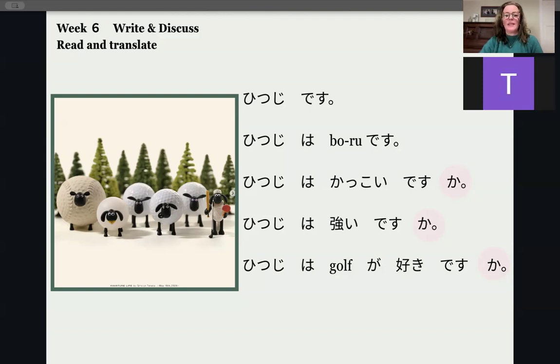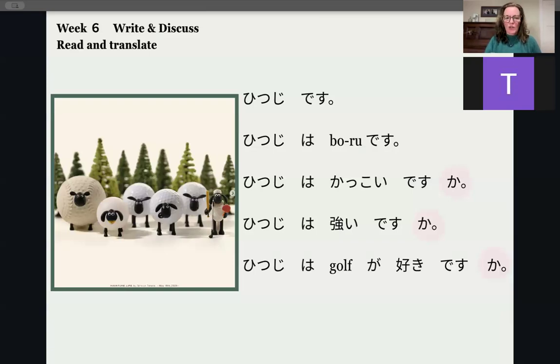Our real goal is sentences that they have acquired that they can then use spontaneously and interchange with other language, other vocab as they pick up other vocab.